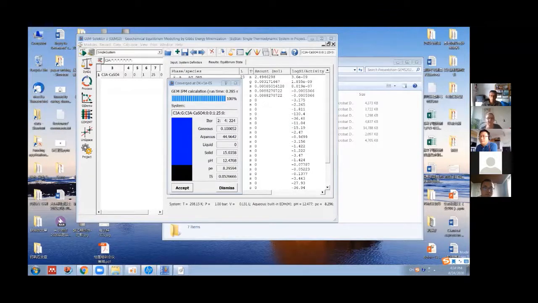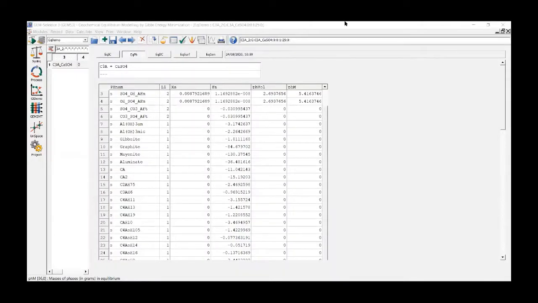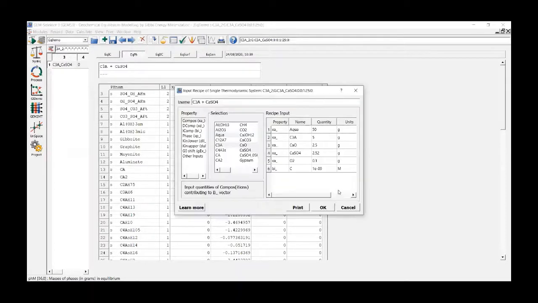And maybe I share my screen now and go to GEMS, to my GEMS. So if we go for our input and I put 5 grams in, everything will react.